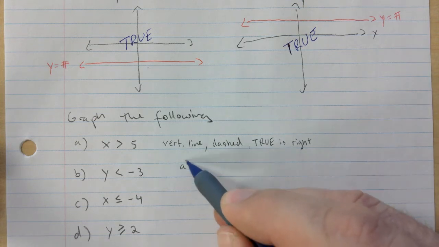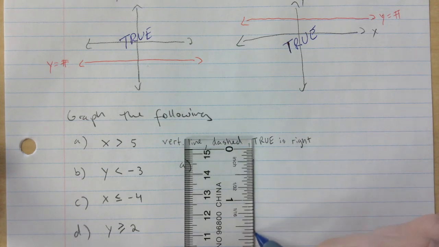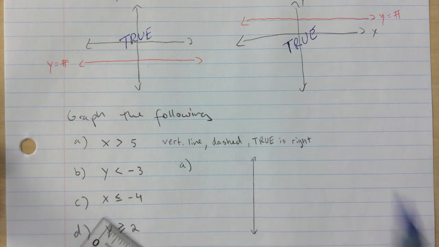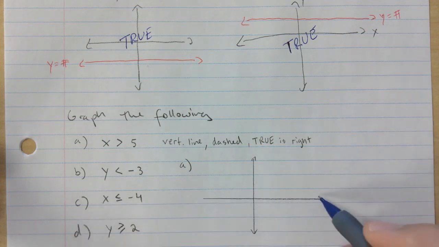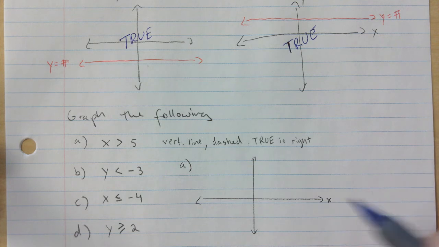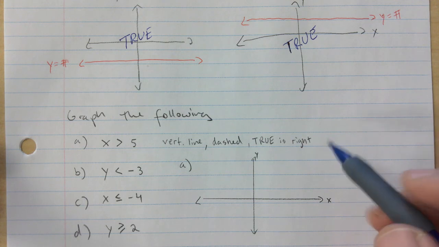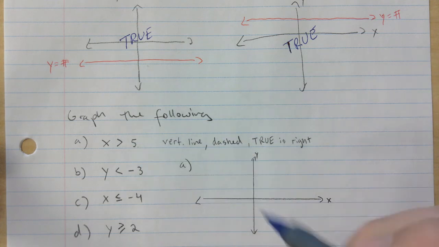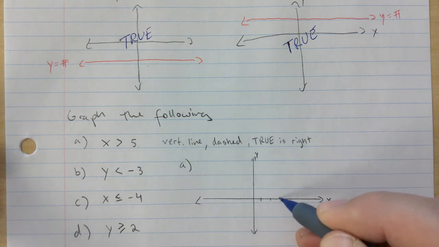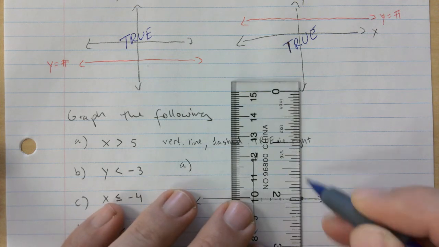So if we wanted to graph A right here, x and y, it's going to go through 5, 0, right? We know it's a vertical line that's going to go through 5, 0. So we're going to go 1, 2, 3, 4, 5 right here. And we're going to make a dashed line that goes through it.